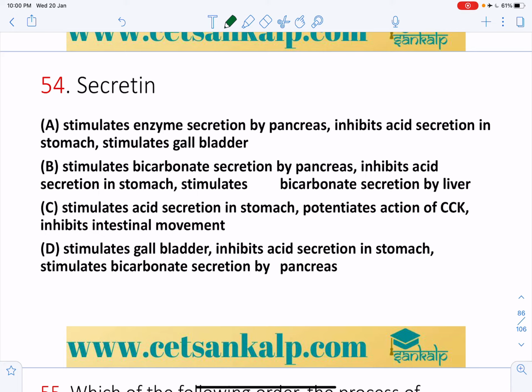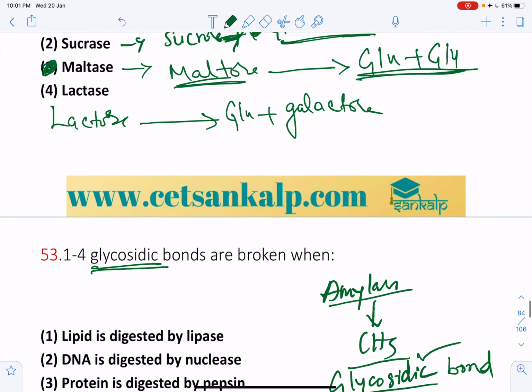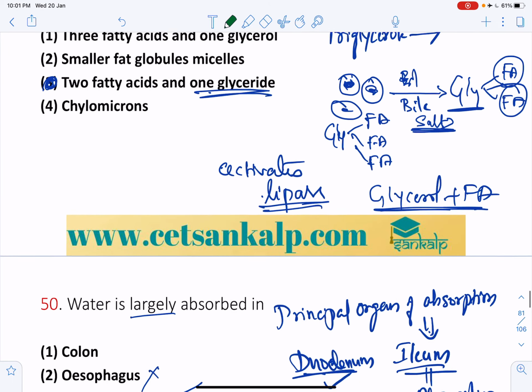What you have to keep in mind here is that from the stomach, gastrin hormone will be produced, mainly in the pyloric region. There are three hormones that are very, very important. Let me first explain that in a different slide.